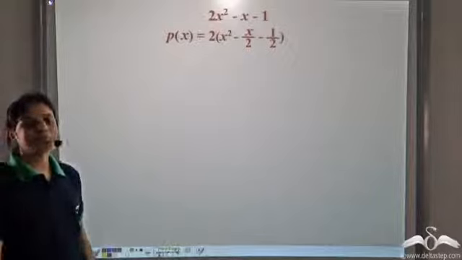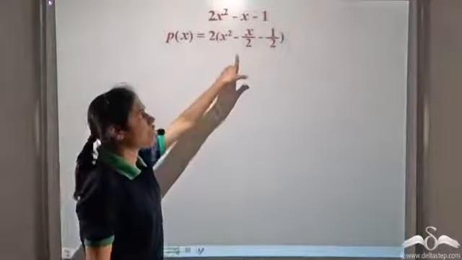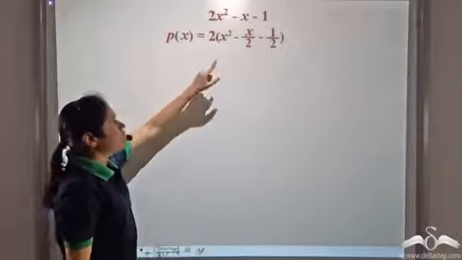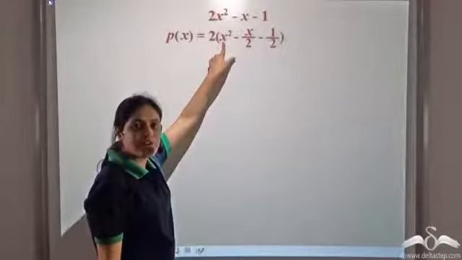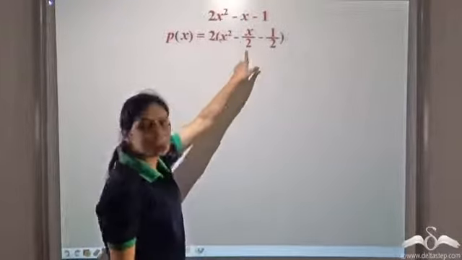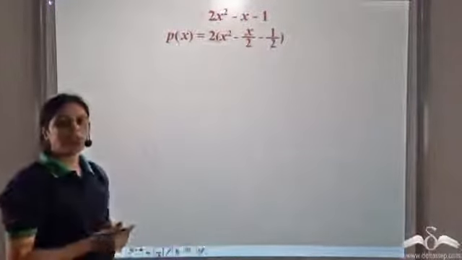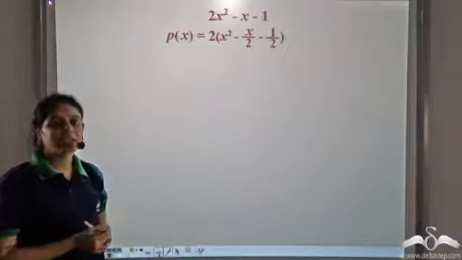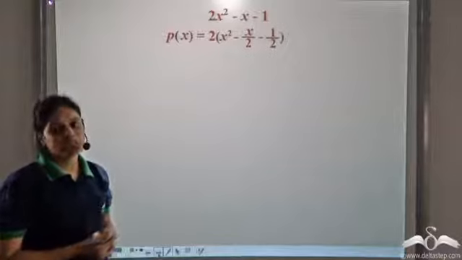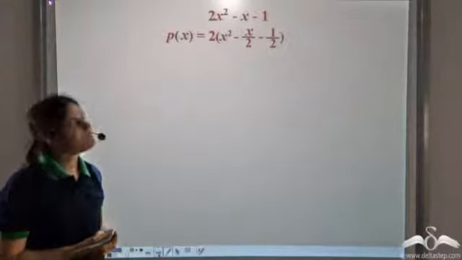So P(x) can be written as 2 into (x square minus x by 2 minus half). Now we see that the coefficient of the first term, that is x square, is 1. But these are not integers. So we cannot limit our possibilities to the factors of the constant term. So we go about using hit and trial in the normal way.